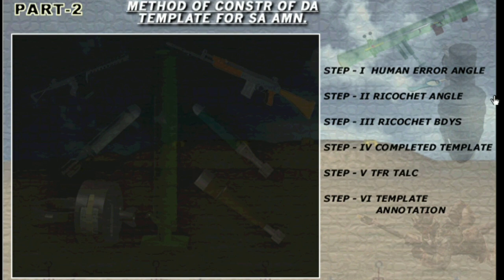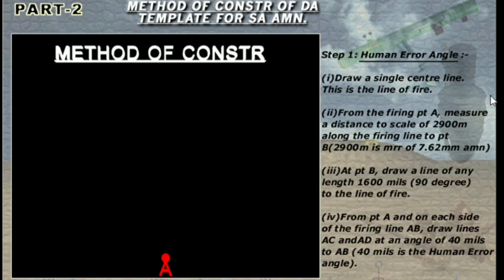Step 1. Human error angle. Draw a single center line. This is the line of fire. From the firing point A, measure a distance to scale of 2900 meters along the line of fire to point B. 2900 meters is the maximum ricochet range of 7.62 mm ammunition.